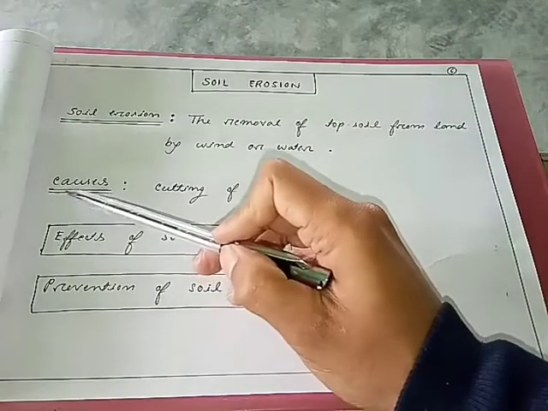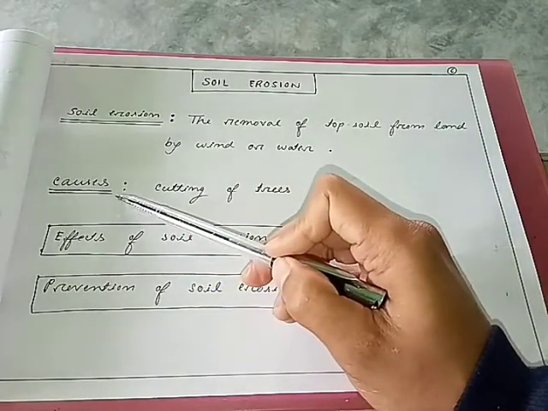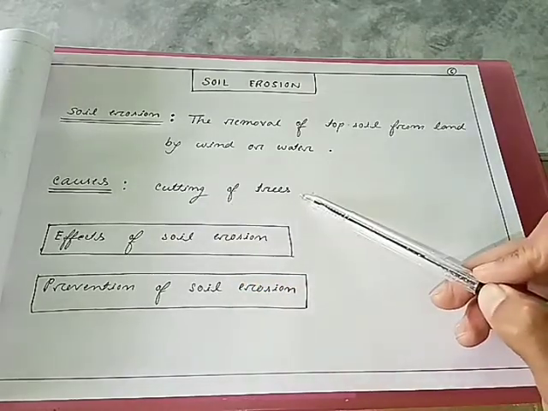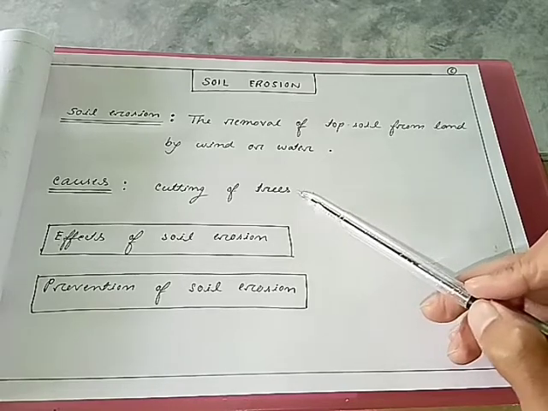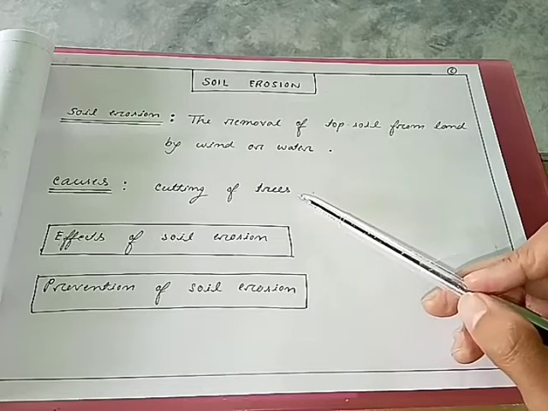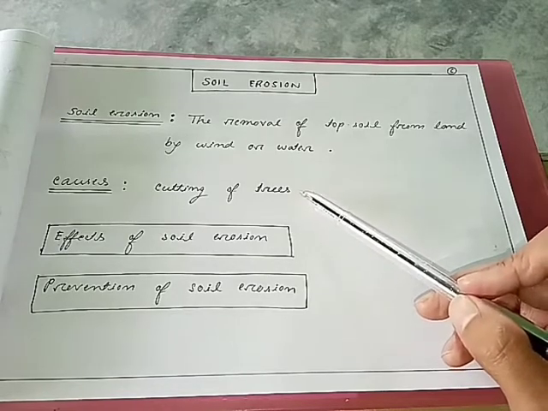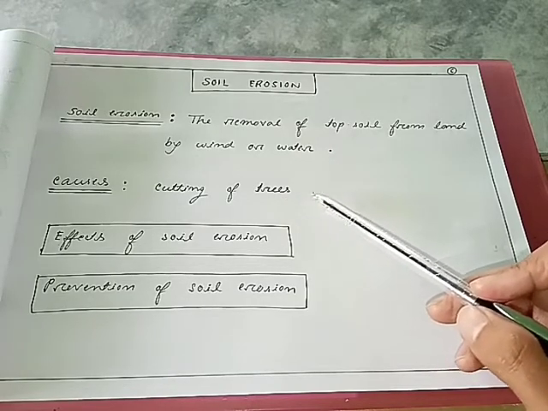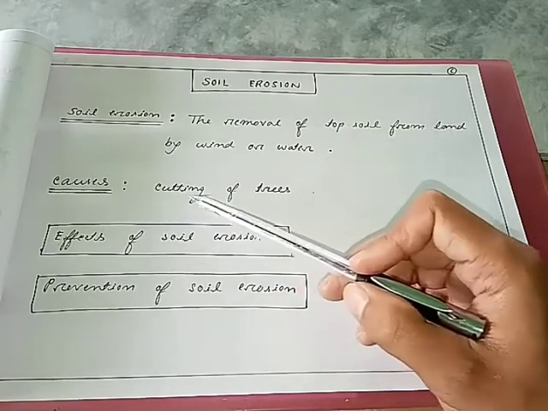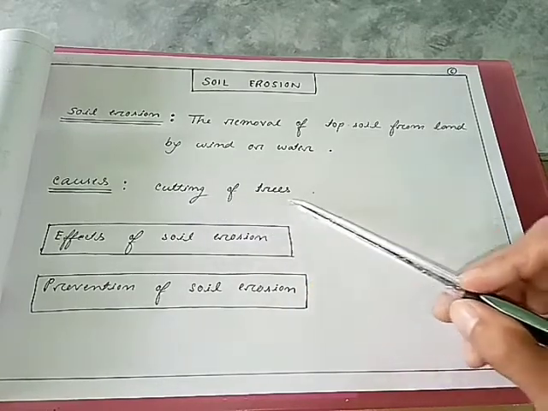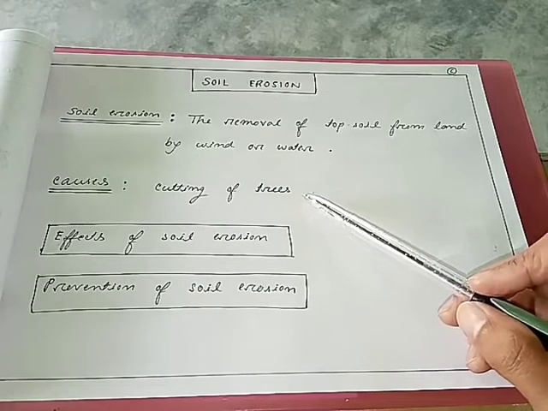And what are the causes of soil erosion? The main cause of soil erosion is cutting of trees. When large quantity of trees are cut down, when trees are being cut for building purposes, for getting firewood, for making paper. Okay, so due to cutting of trees, what happens?